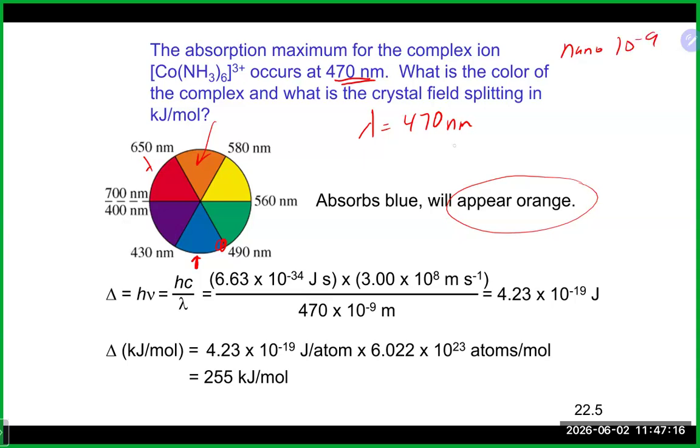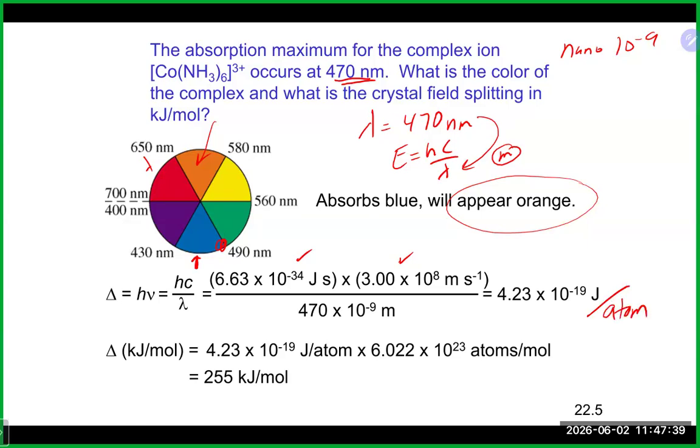We can go into E is equal to hc divided by the wavelength to figure it out. We do need to convert the wavelength to meters before it goes in there. Both of the top values are constants. If we do that, we get a crystal field splitting of 4.23 times 10 to the minus 19 joules, and that's really per atom.